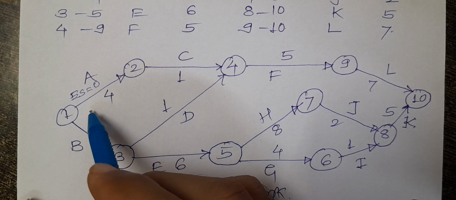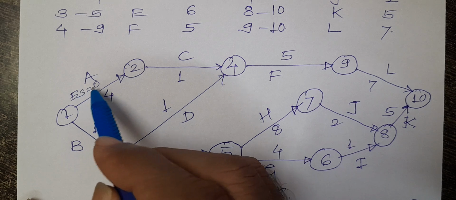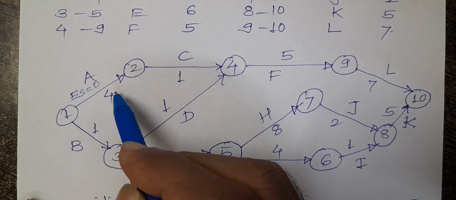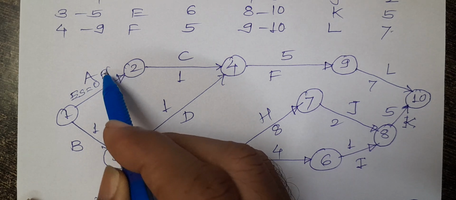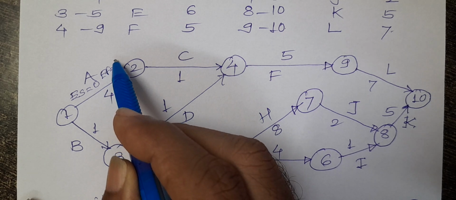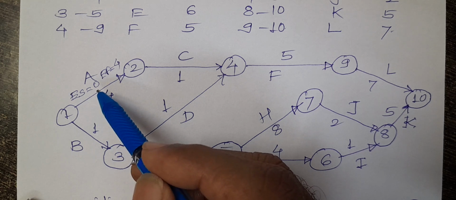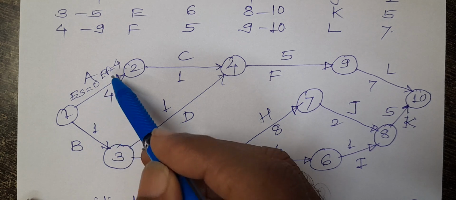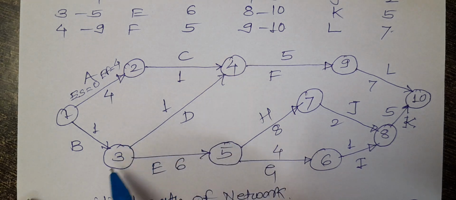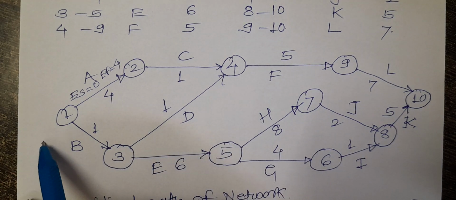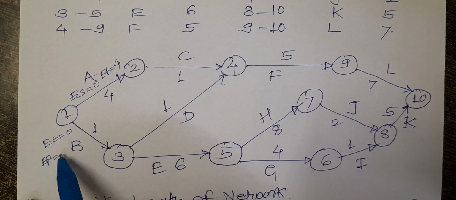And what is the earliest finish for this activity? Earliest finish for this activity is 4. This activity can be started at any moment, so it is 0. Similarly, the earliest start for this activity is 0, and the earliest finish is 1.